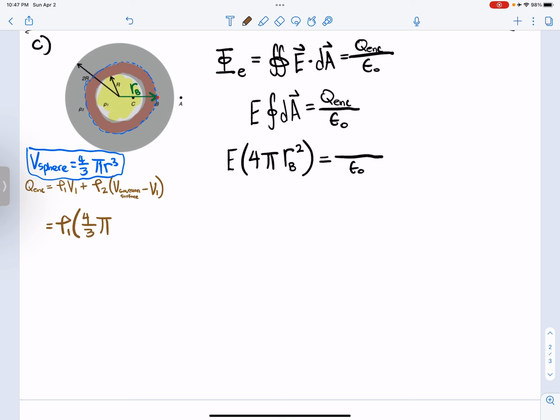It's just r, right? So r cubed plus rho 2 times the volume of our Gaussian surface, which is 4 over 3 pi RB cubed, okay, minus V1 again, which is 4 over 3 pi r cubed. Okay?